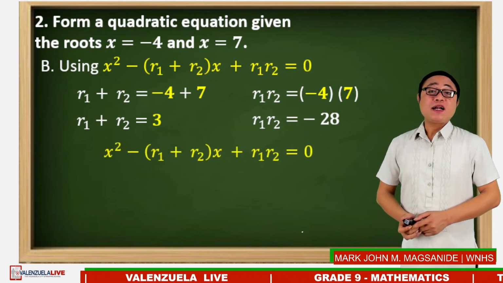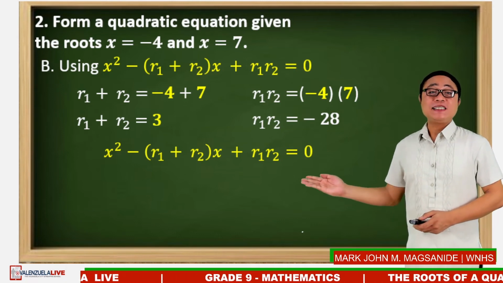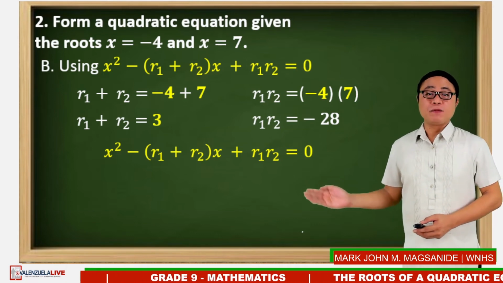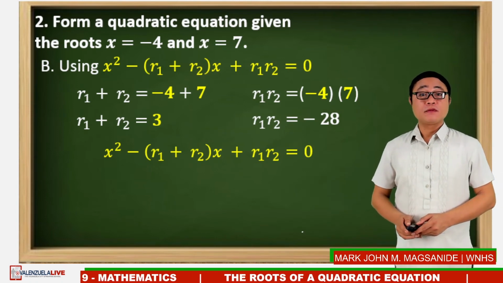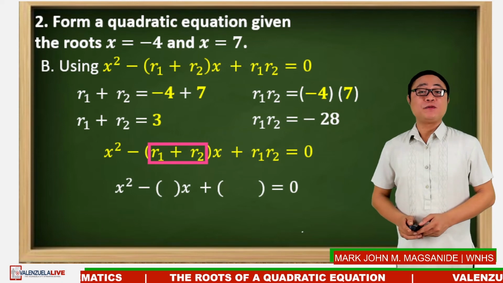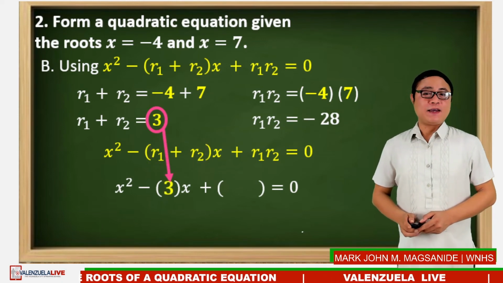And then we are going to substitute the values of sum and product to this equation. For r sub 1 plus r sub 2 is equal to, what is the value? Yes, that is 3.